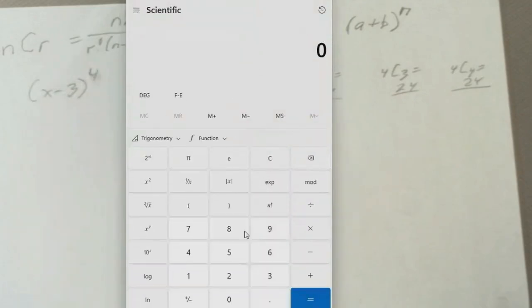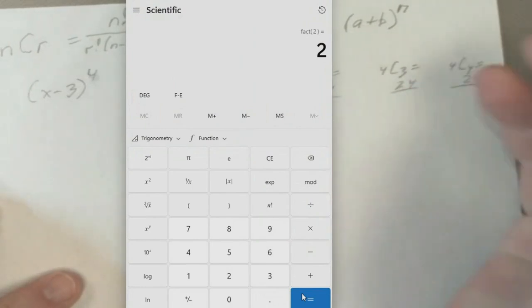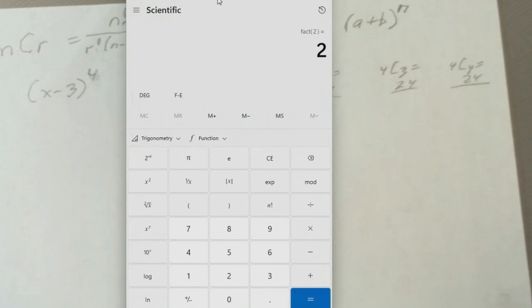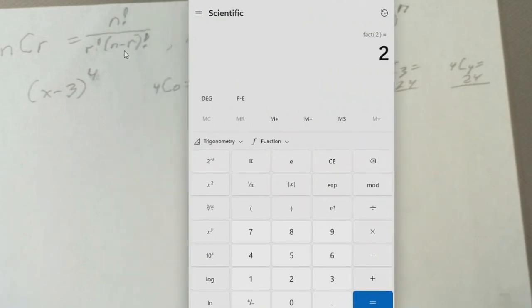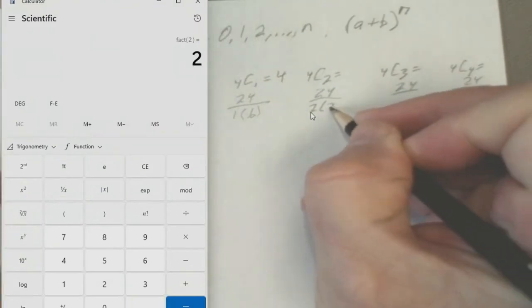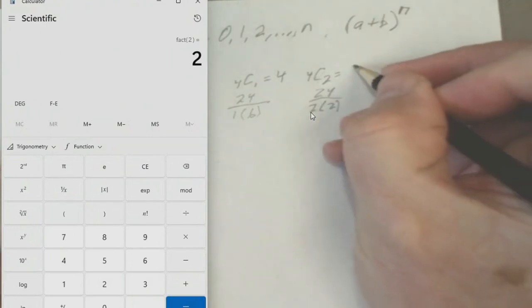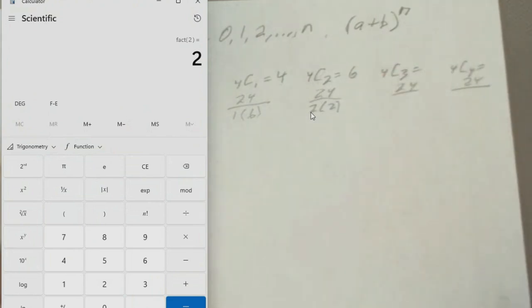So we would take 2 factorial, which is just 2. And then n minus r, 4 minus 2. Well, that's again just 2 factorial. That doesn't change. 2 times 2. So 24 divided by 4, that's 6.